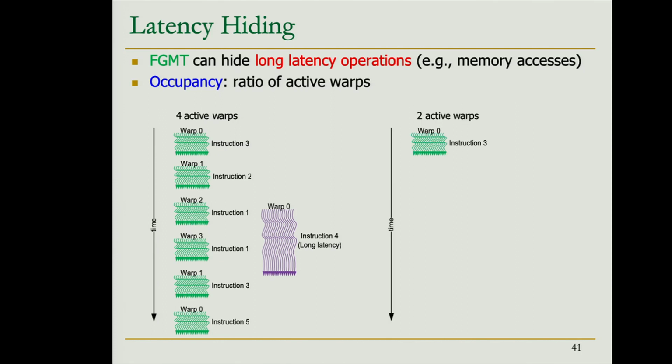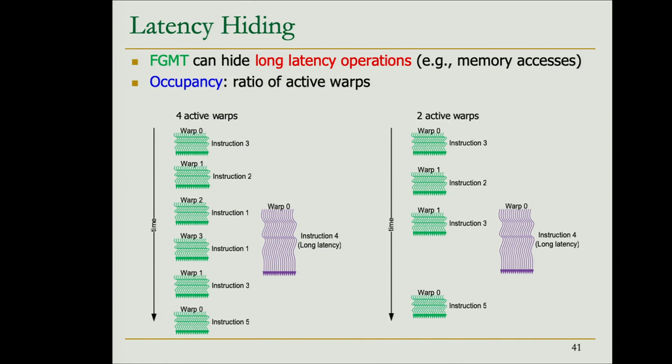What might happen if we only have 2 active warps in this toy architecture is that at some point we have this instruction 4, and in the beginning we can continue with the execution of instruction 3 for warp 1, but then instruction 1 also needs to access memory, so we will have a gap that we cannot hide.